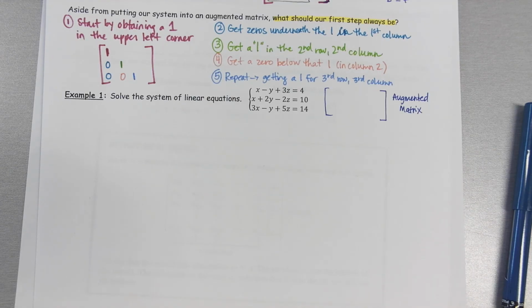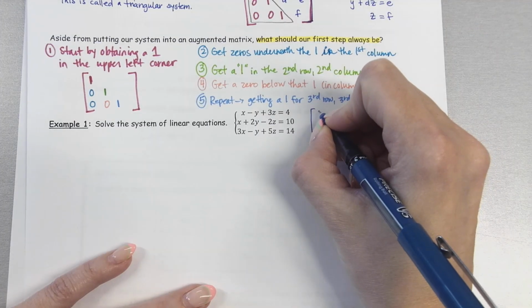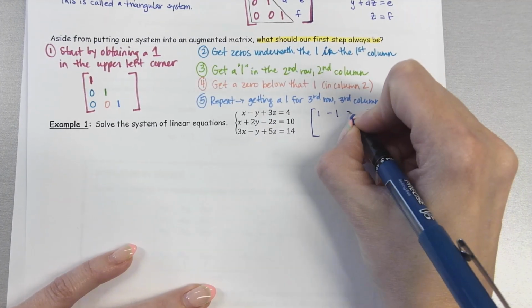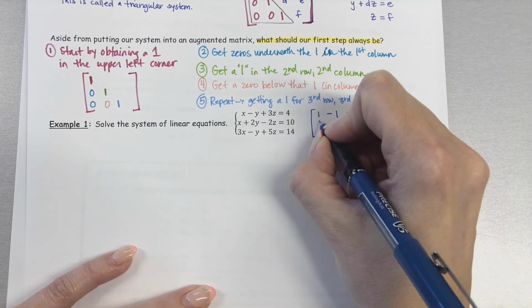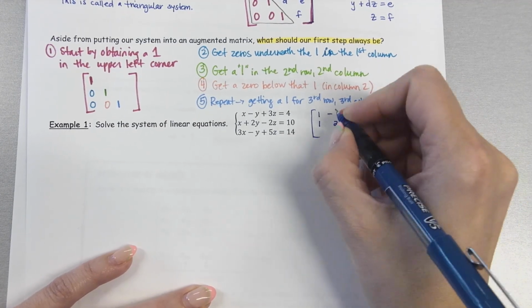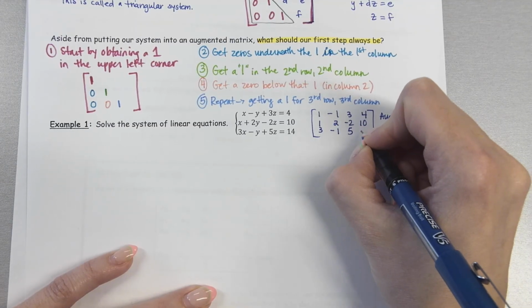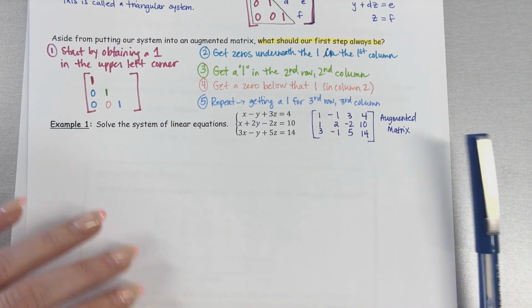Okay, so your first step is to obtain a 1 in that first row, first column. With this one, you already have that. If you run into a situation where you don't have that, let's play pretend for a second.